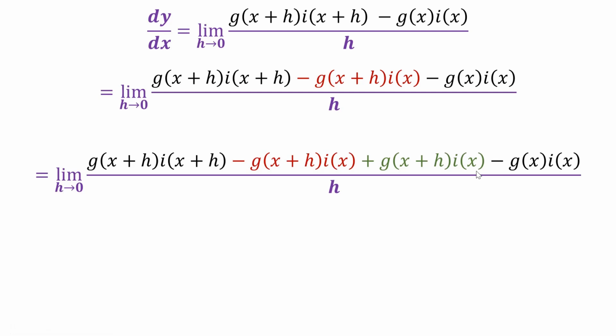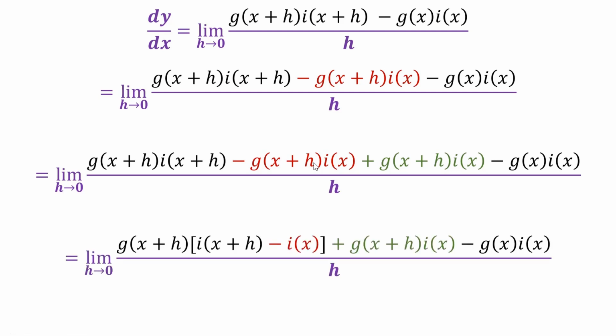Doing this, however, gives us some ease to work with our problem at hand. What we can see is that we can have common terms. Let's compare the term written in black and the one in red. We see that j of x of h is a common term here. So let's factorize it out.